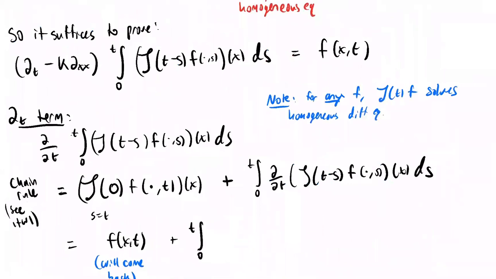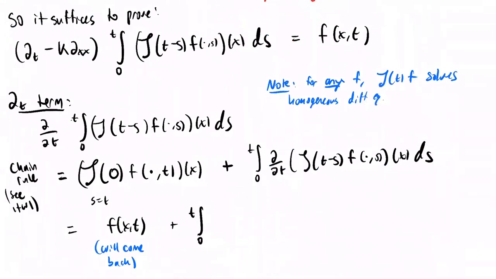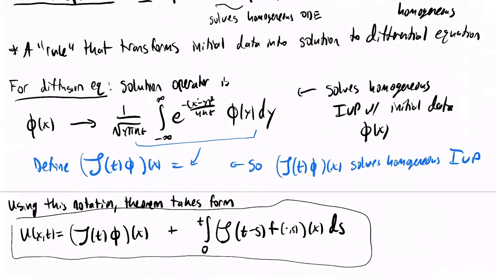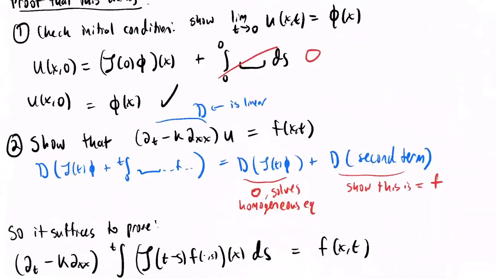When I apply this operator to f, that just means you're plugging f into the solution formula up here, replacing phi by f. But this formula is in particular a solution to the diffusion equation. And so when I take the time derivative of this complicated formula, it should just be equal to k times the second order x derivative.